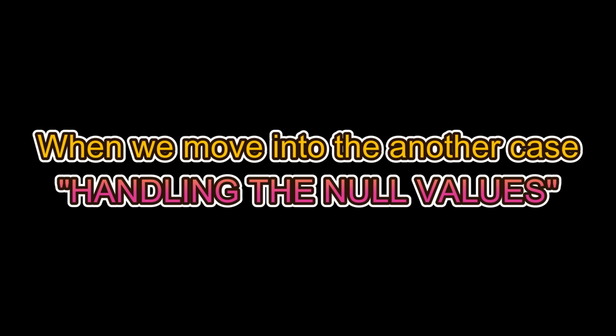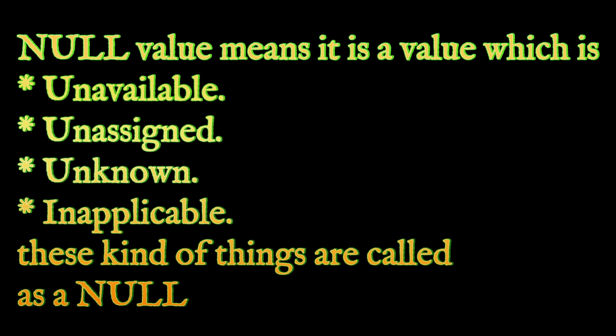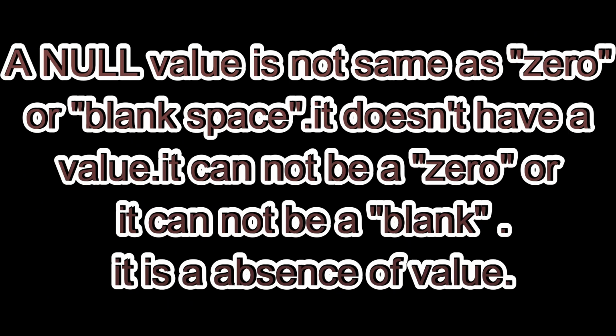Actually, it is a null value. A null value is a value which is unavailable, unassigned, unknown, or inapplicable. These kinds of things are called a null value. A null value is not the same as 0 or a blank space.